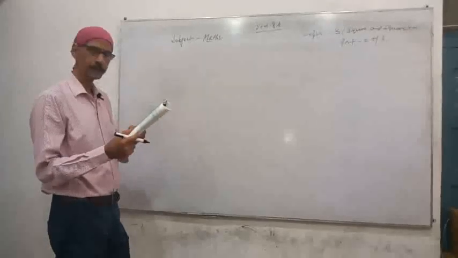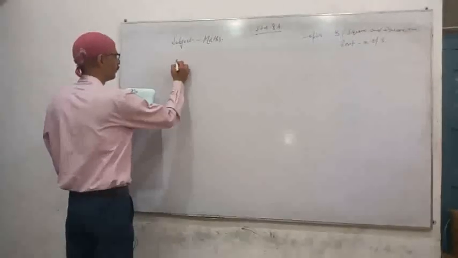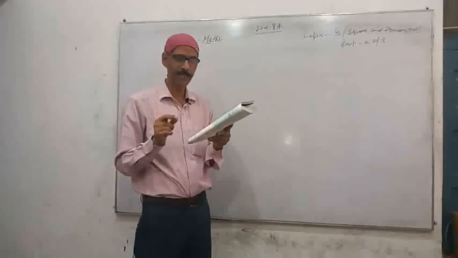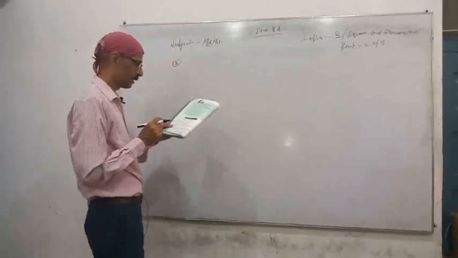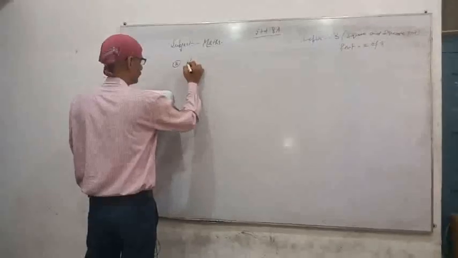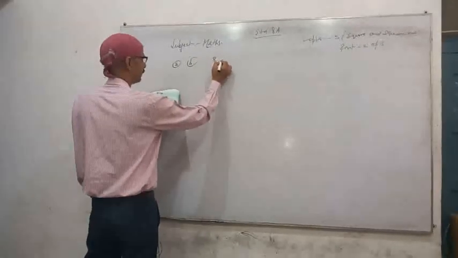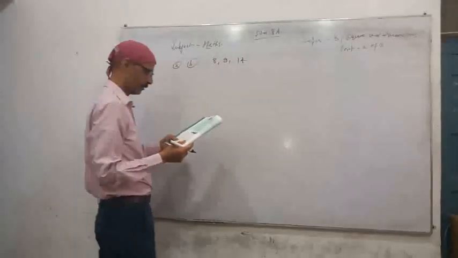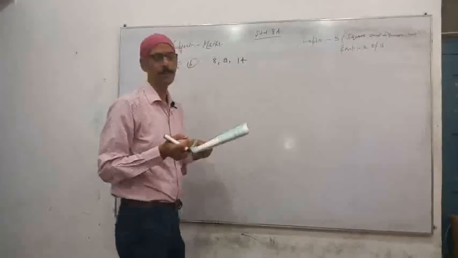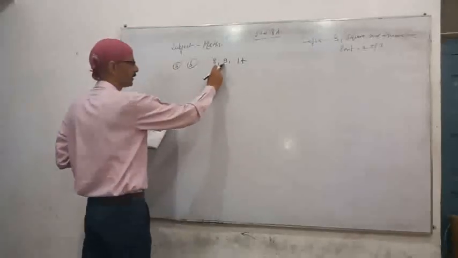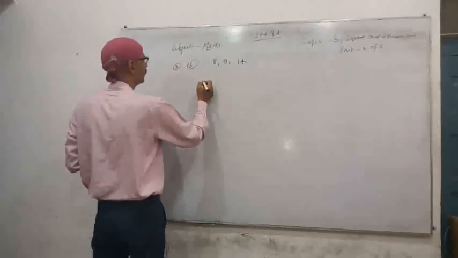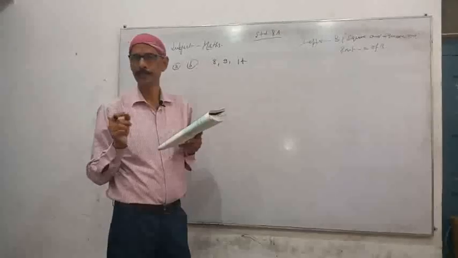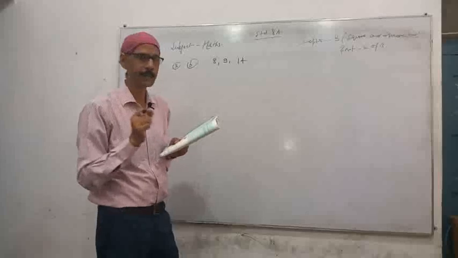Now I am solving question number 3 of your book. Check whether the following triplets are Pythagorean triplets or not. Question B is given: 8, 9 and 14. You have to check whether they are Pythagorean triplets or not. Suppose this is A, this is B, this is C. So use the Pythagoras theorem. Hypotenuse square is equal to perpendicular square plus base square.